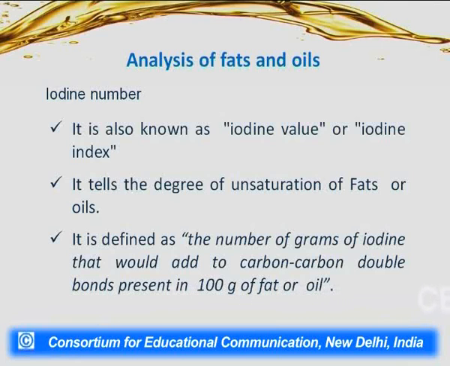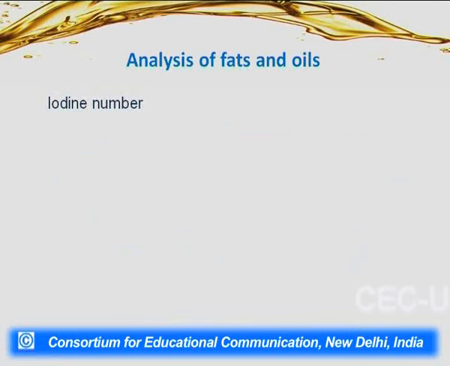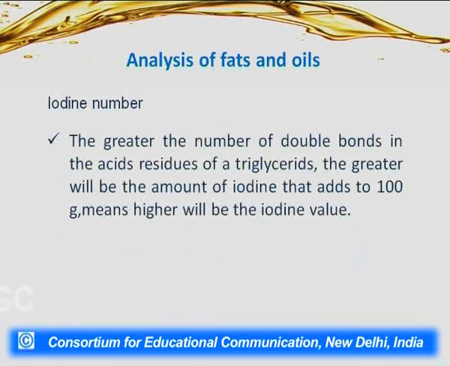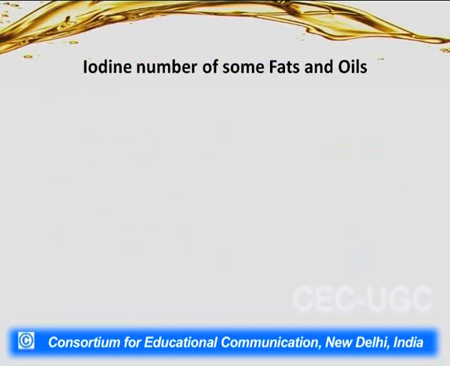So, the more iodine required, the more unsaturated the carboxylic acids in that oil or fat. The greater the number of double bonds in the acid residues of a triglyceride, the greater the amount of iodine that adds up to 100 grams, meaning it is a more unsaturated oil.